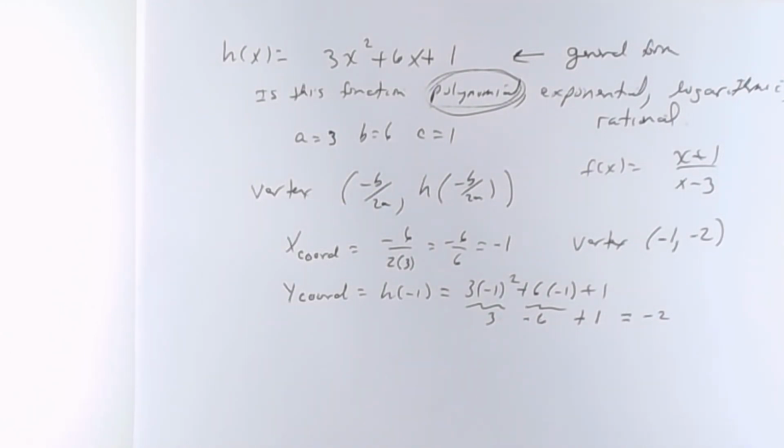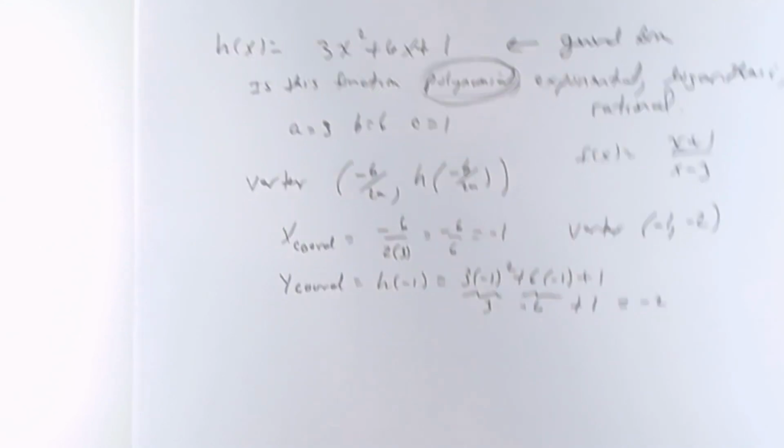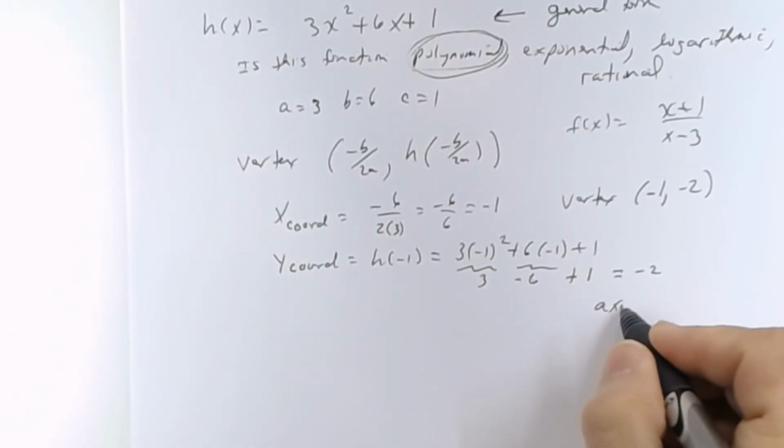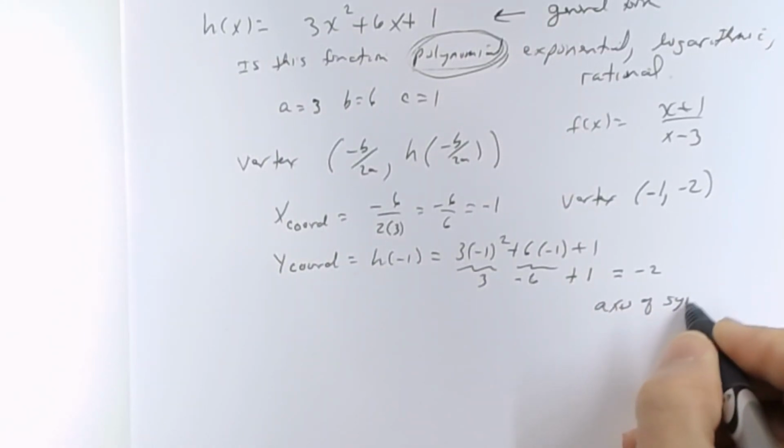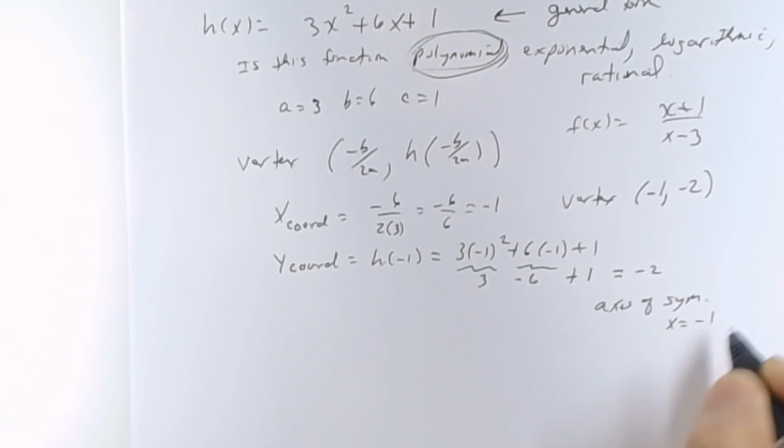What's the axis of symmetry? X equals -1. So you've got to say x equals. So the axis of symmetry is x equals -1. Does the parabola open up or down? It opens up. Am I going to have any x-intercepts?